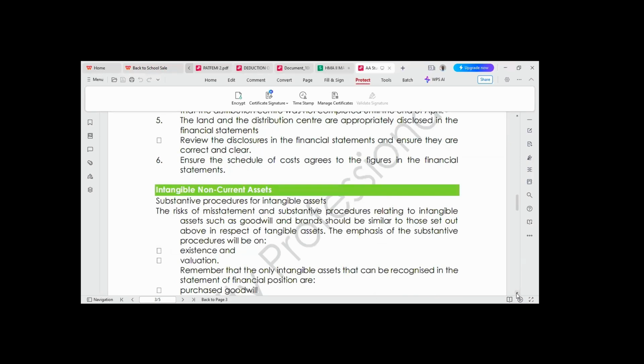Let's now go to intangible assets. In the case of intangible assets, we also have substantive procedures for them. When you say an asset is intangible, that means you cannot feel or touch them, but they do exist. The classical examples are goodwill, purchase goodwill, patents, trademarks.